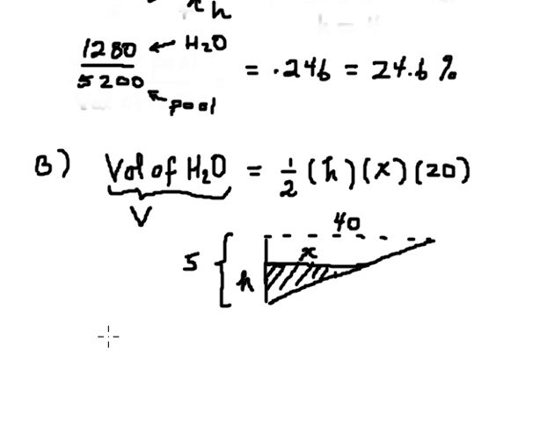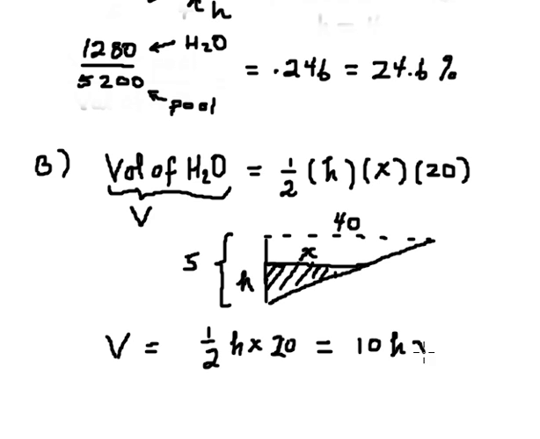So the volume of water as the water is being poured into the pool at any time is given by 1/2 hx20, or 10hx.